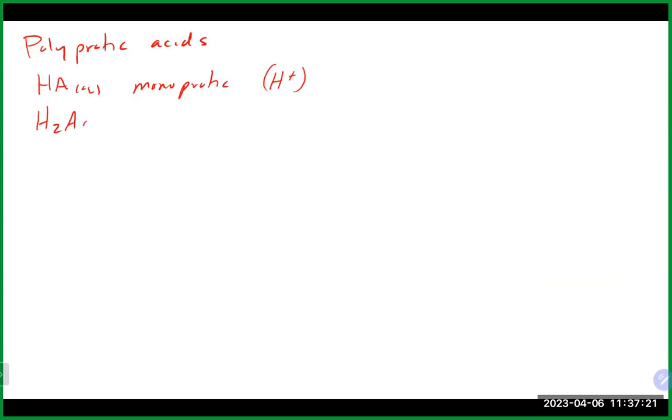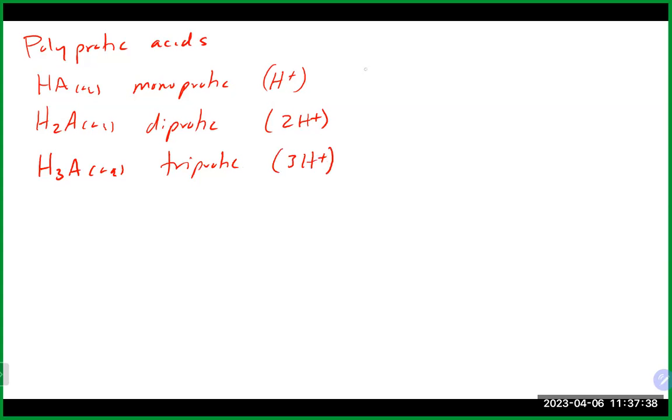Diprotic acids have two H pluses they could give, and triprotic acids have three H pluses to give. Again, examples of each of them: HCl, sulfuric acid, and phosphoric acid are examples of each of these guys.